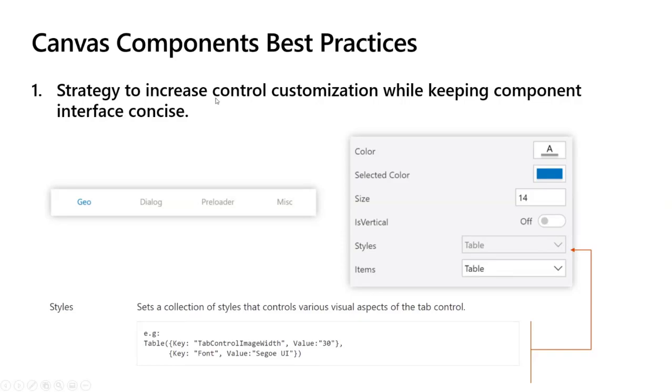So that's one idea that allows me to keep the interface concise and still give the maximum customization possible. So this table here, tab control, has any key value pair that I see fit for my own internal needs of the control.